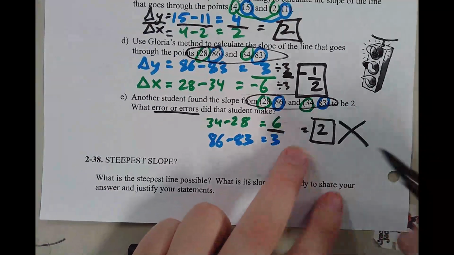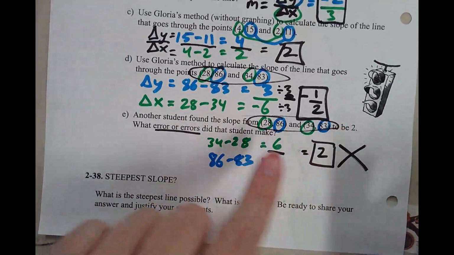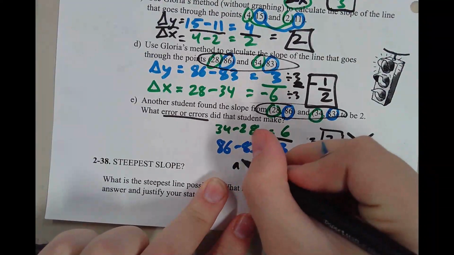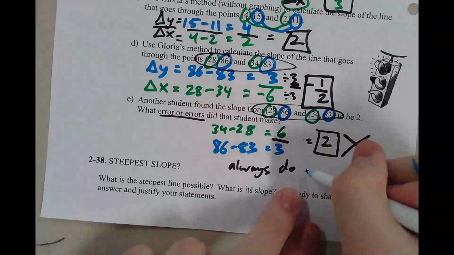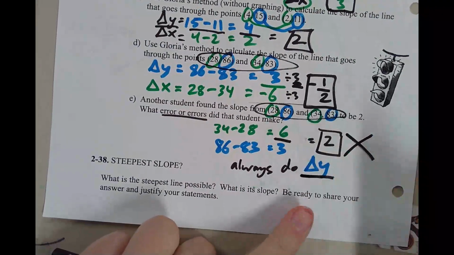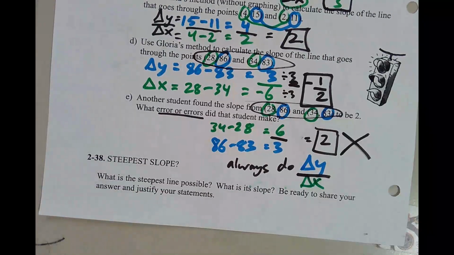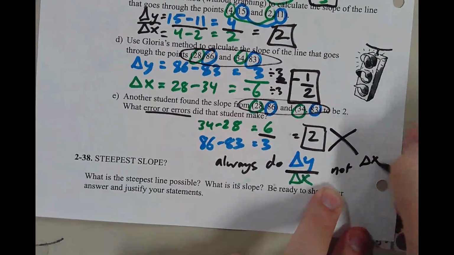This is the wrong answer. We need to do change in y over change in x. So we can make a little note here. Always do change in y over change in x, not change in x over change in y.